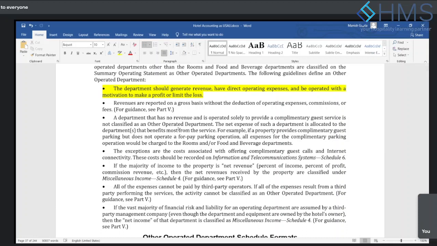If certain departments are not meant to be making a profit, for example, the telephone department. Previously, some time back, like 5, 10 years back, when we started in hospitality, the telephone department used to make money because people were still using the hotel phone to make calls. They were not using mobiles. Skype had just started.